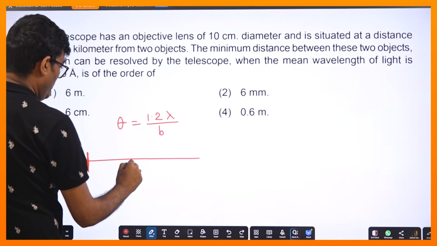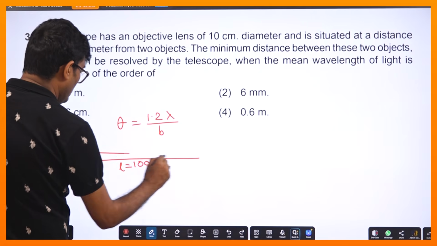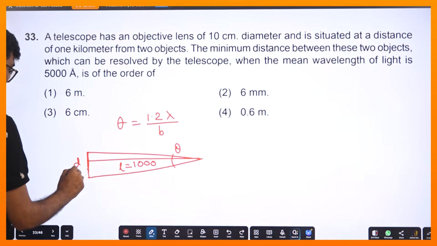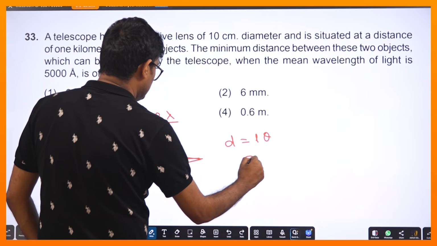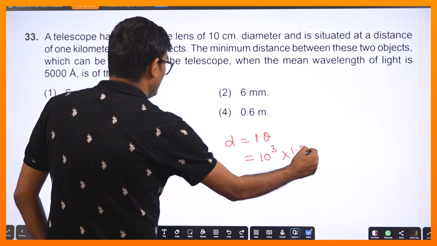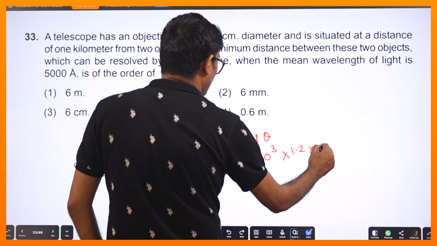So if this is 1 kilometer, 1000 meter, L equals 1000 meter, and this angle is theta, so this minimum distance is equal to L theta. L is equal to 1000 and theta is equal to 1.2 into lambda. The value of lambda is given 5000 Angstrom.